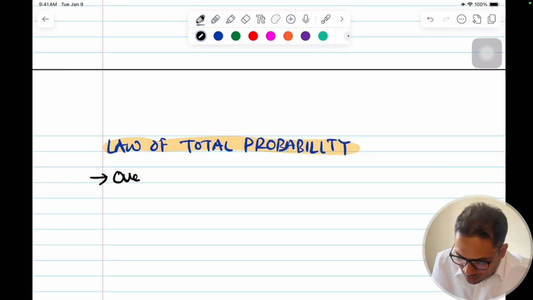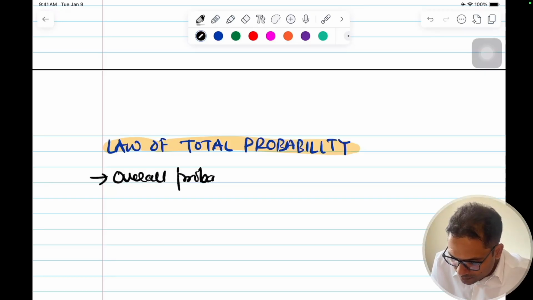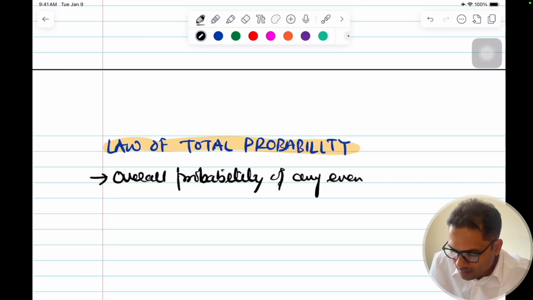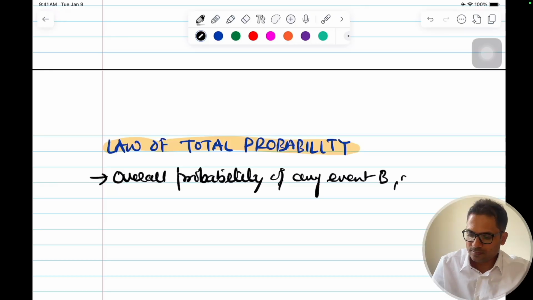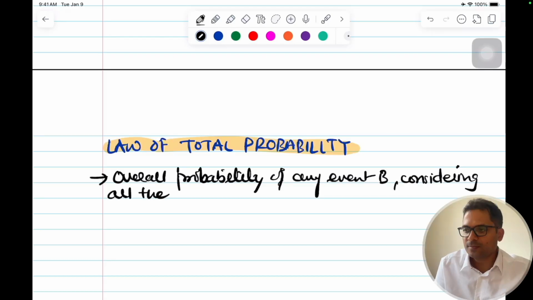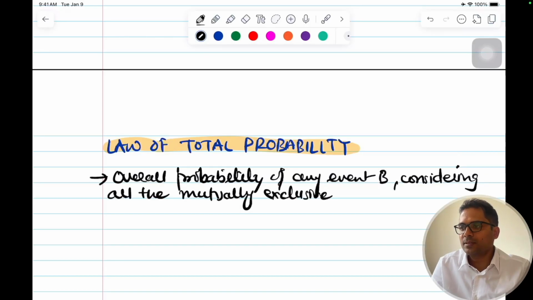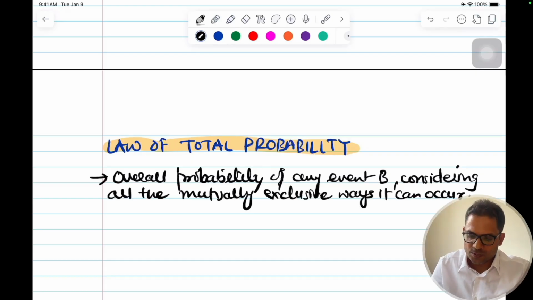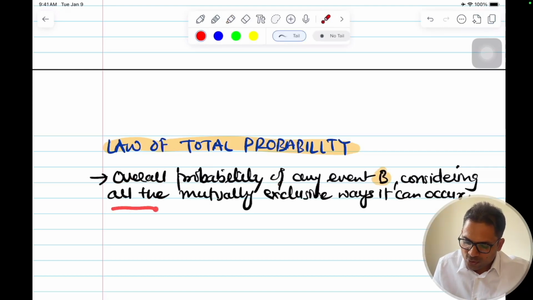I'll just write: overall probability of any event B is given by considering all the mutually exclusive ways it can occur.